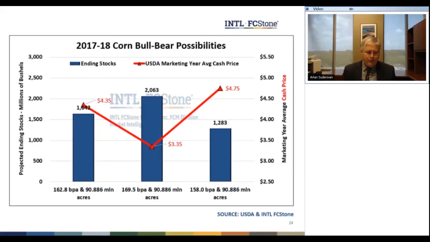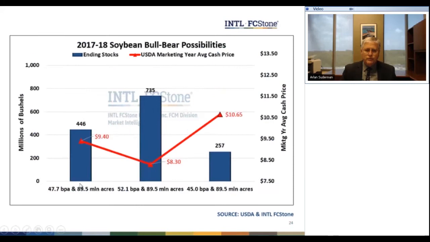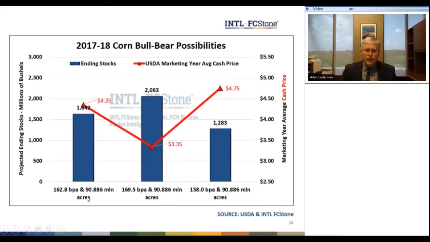Here again, the left-hand column is what we're looking at for our current projection as the most likely scenario. That includes that yield of 162.8 on USDA's current planted acreage, 9.9 million acres.